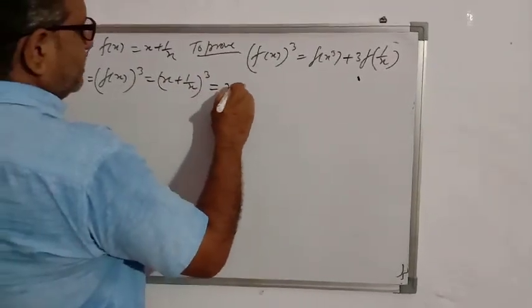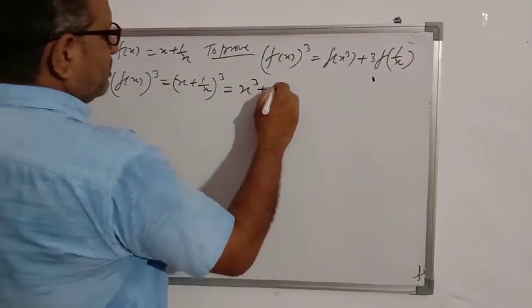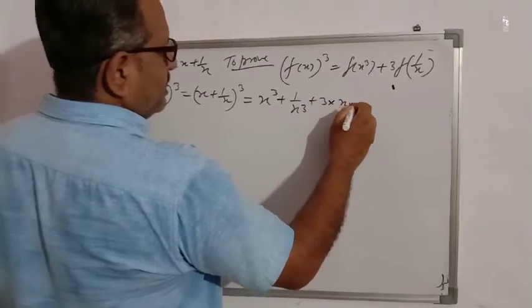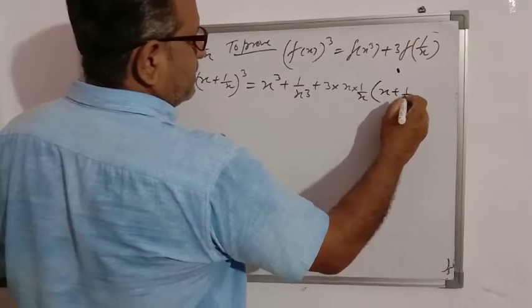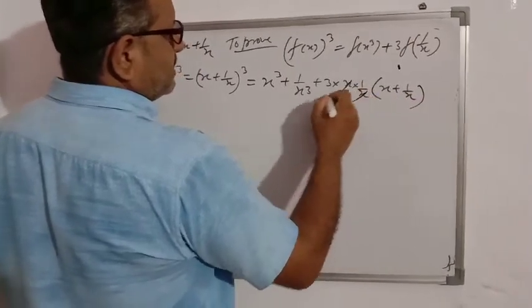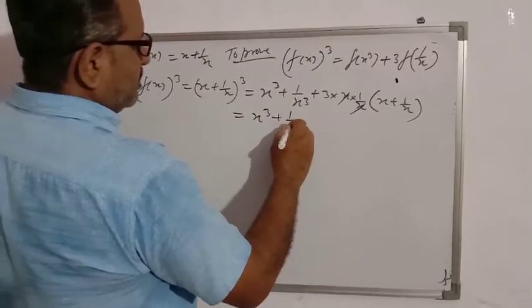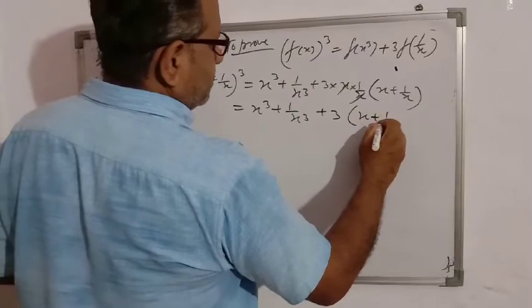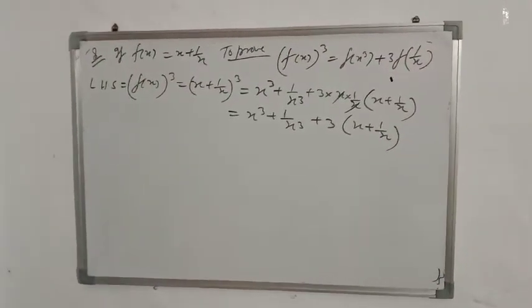We use the (a plus b) whole cube identity: x cube plus 1 by x cube plus 3ab, so 3 into x into 1 by x, times (a plus b). x cancels with x, so it is x cube plus 1 by x cube plus 3 times (x plus 1 by x). This is the left hand side.